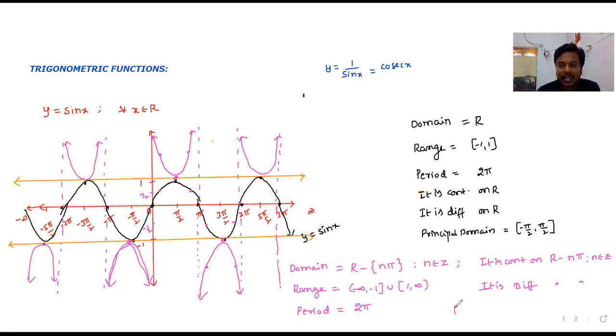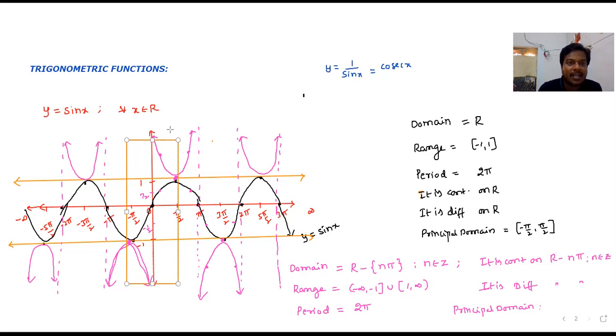And observe the principal domain. Principal domain means nearby the origin where the function is bijective. Observe this part. See, here it is strictly decreasing and here strictly decreasing, but it is not defined at x equal to 0.